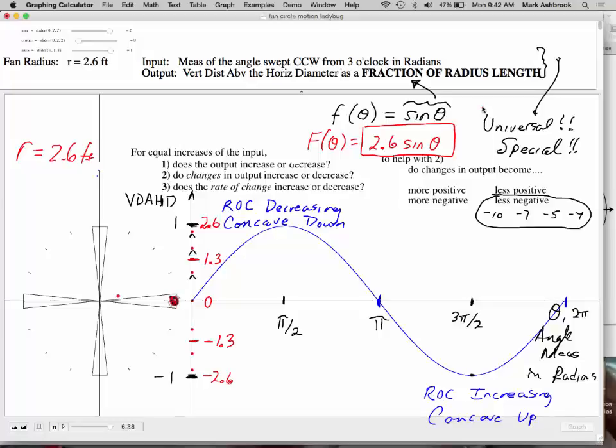So it'll look the same, it's just that now it will reach up to 2.6 rather than 1 and down to negative 2.6. So we're going to have all those same fractions of 2.6 to get it in feet instead of fraction of a radius length. Okay, so let's do this for the horizontal distance. We'll go faster. So now, any questions?